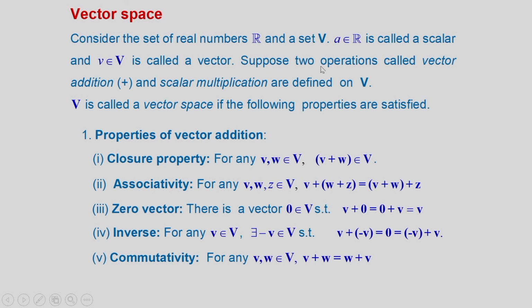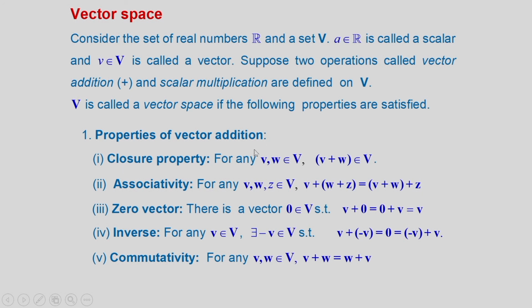Suppose two operations, called vector addition, denoted by plus, and scalar multiplication, are defined on V. V is called a vector space if the following properties are satisfied. There are a number of properties. First are the properties of vector addition. The first one is known as the closure property.